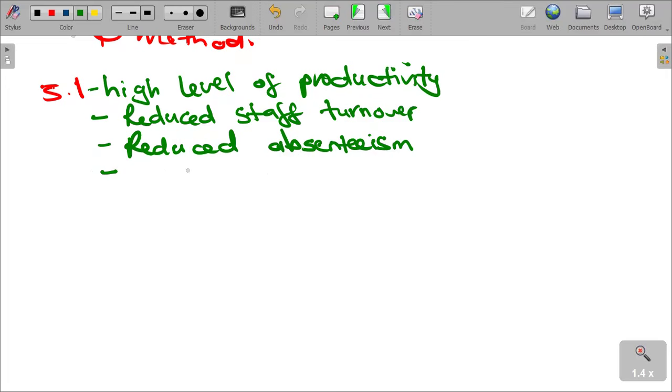And also it might be a healthy organizational image.